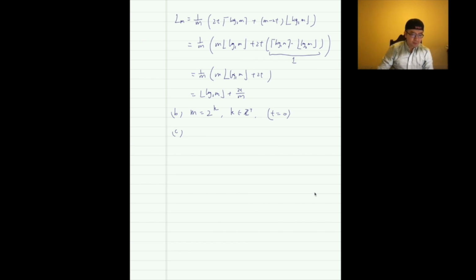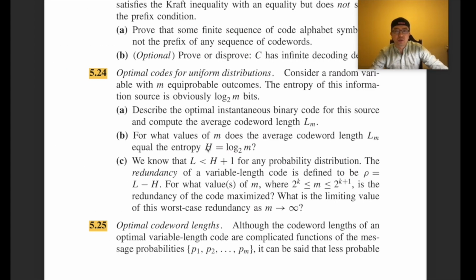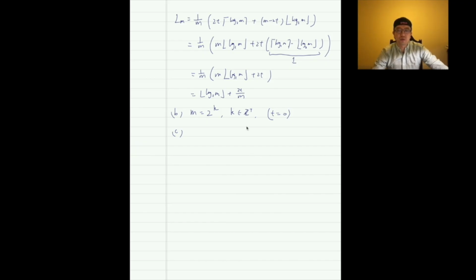In this problem, what we would like to look at is Lm minus the entropy, which is assumed to be log 2 m. We need to make this a little more approachable, so we don't want this floor here. The trick to get rid of the floor is that m can be written as 2 to the power of k plus t, for some k.